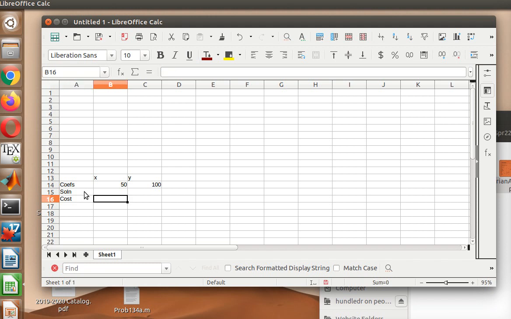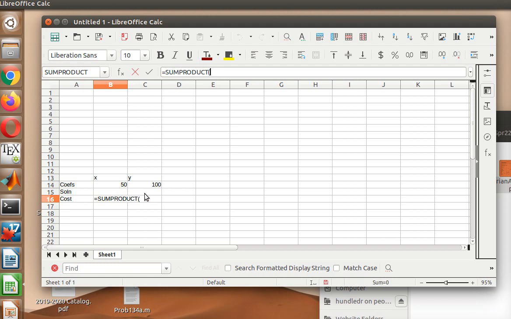So how are we going to compute that? Well, we're going to use something called sum product. The idea with the sum product is that it takes two inputs, and then it takes the dot product. So sum product is actually a dot product, and we're going to take the vector B14, C14, and B15, C15.